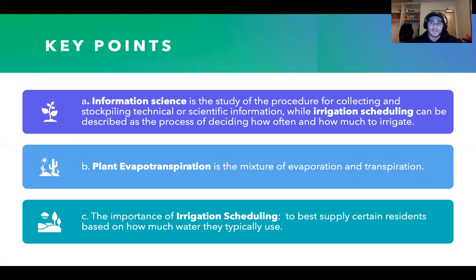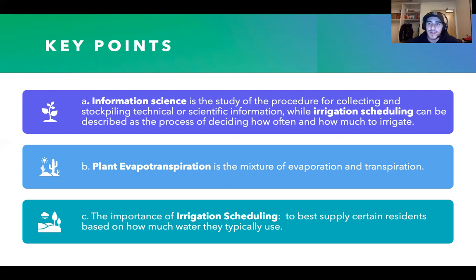So basically, just to begin, information science, my major at the U of A, is practically, just to define it, the study of a procedure for stockpiling certain scientific information or collecting information. However, irrigation scheduling is best described as just the process of deciding how often or how much to irrigate plants.